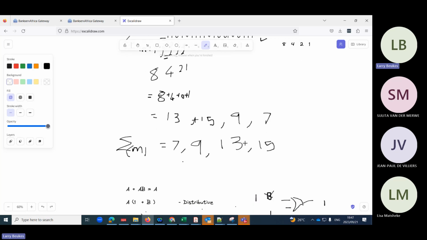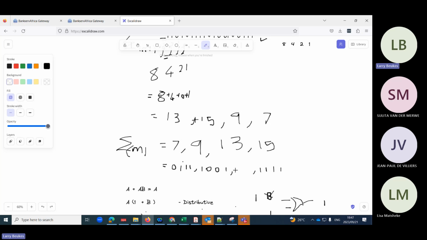So now, if you have this, you convert it back into binary. This is a 7 with 4 bits, so this will be 1, 1, 1, 0, right? 9 will be 1, 0, 0, 1, right? 13, okay, let me think about 13.